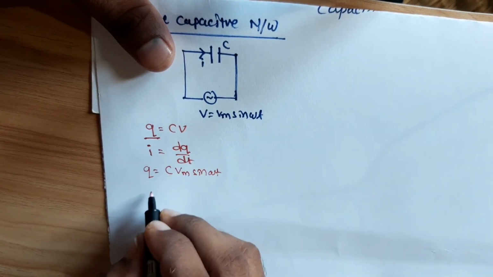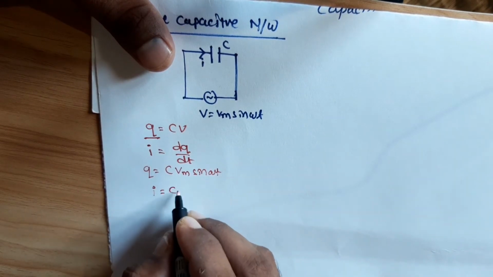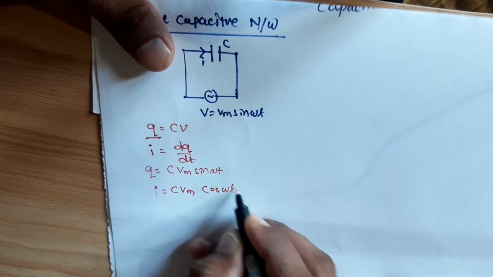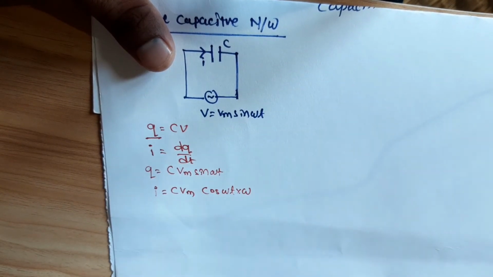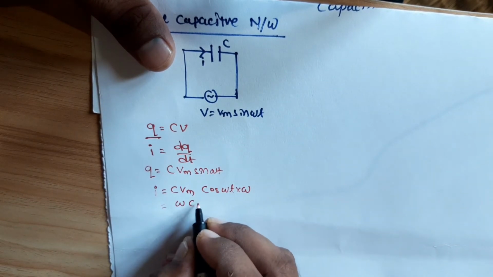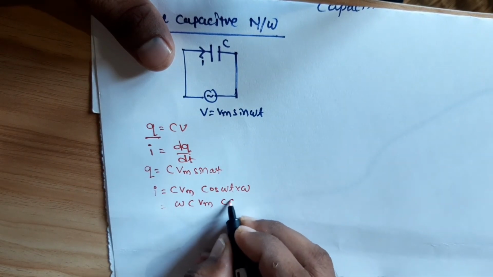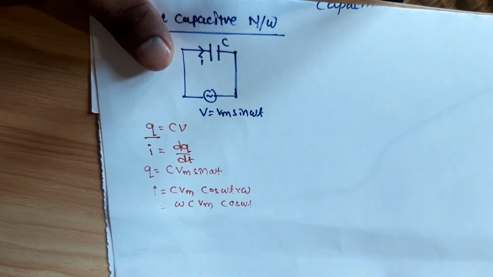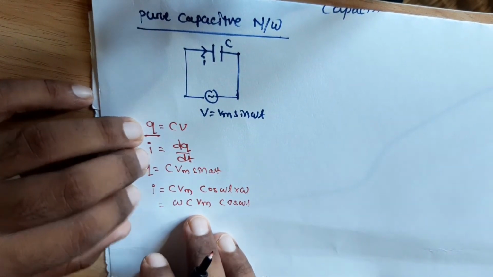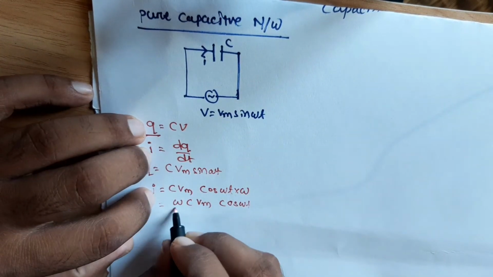So we get I equals the derivative of C Vm sin omega t, where C Vm is constant and the derivative of sin is cos omega t into omega. Taking this side, I equals omega C Vm cos omega t. We need to convert this Vm to Im so that we can compare.